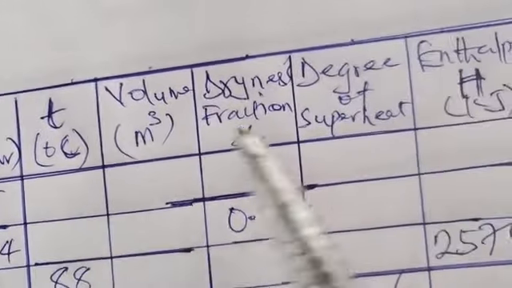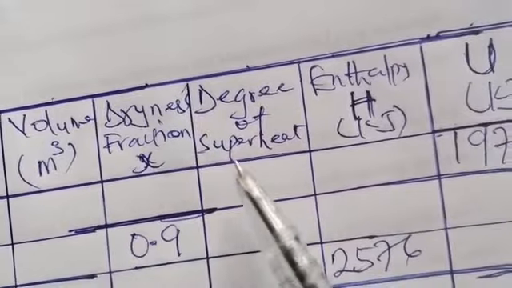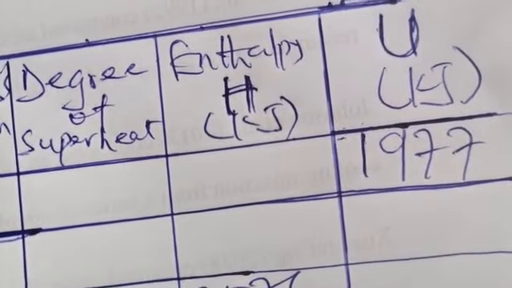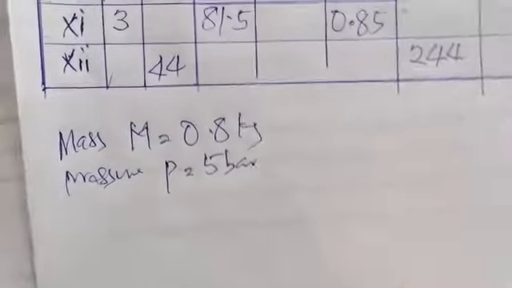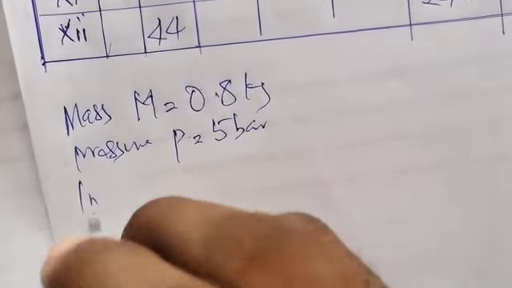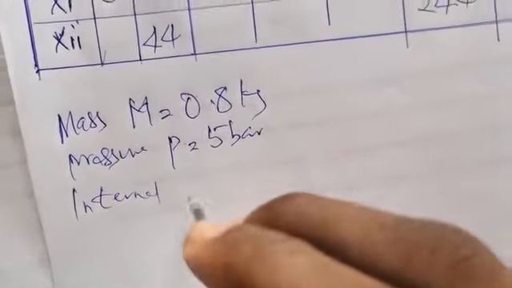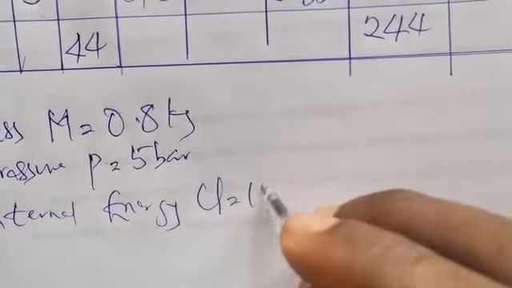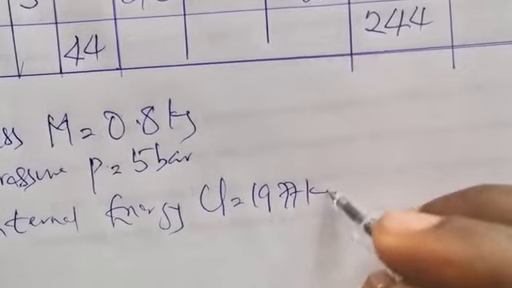We also need to find the volume, the dryness fraction, the degree of superheat, and the enthalpy. The total internal energy was given as 1977 kilojoules. So internal energy U is simply 1977 kilojoules.